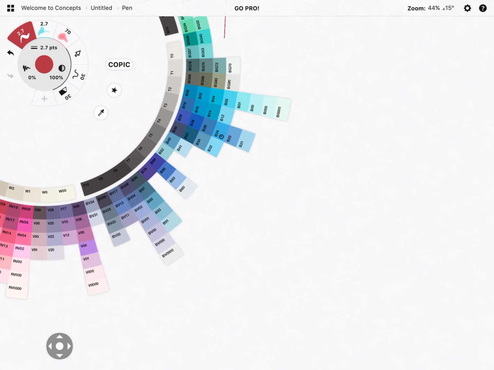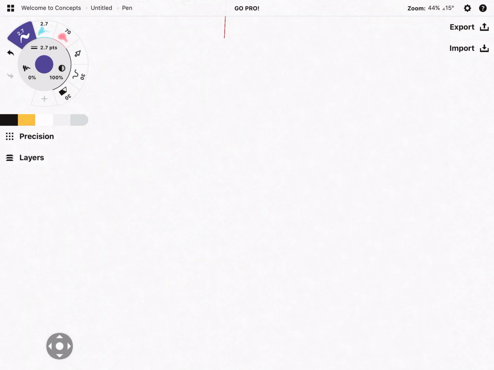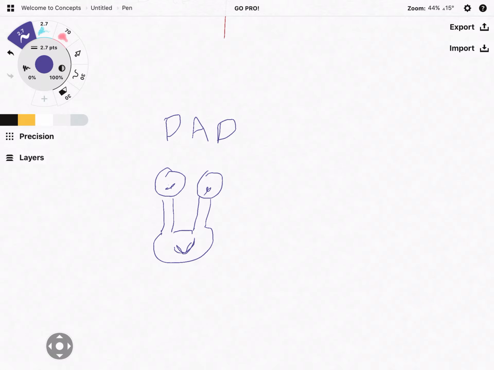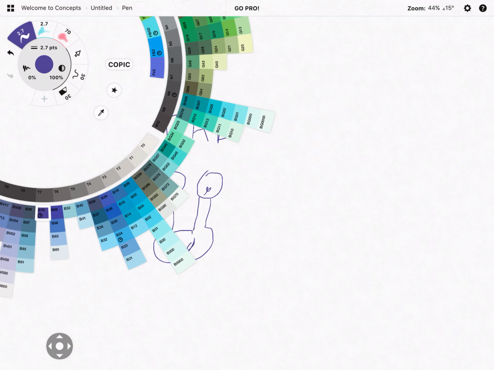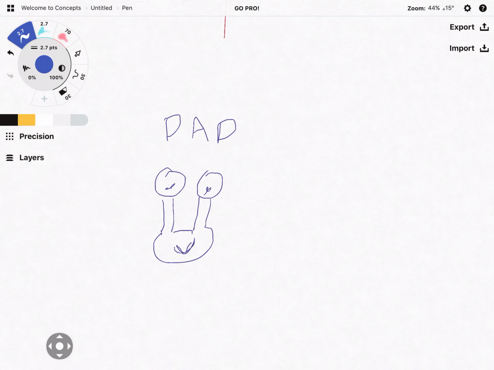So let's say we have an alien with 2 eyes on their alien head. Let's say that this is the dad. And let's say we have the mom. And the mom just has a single eye.